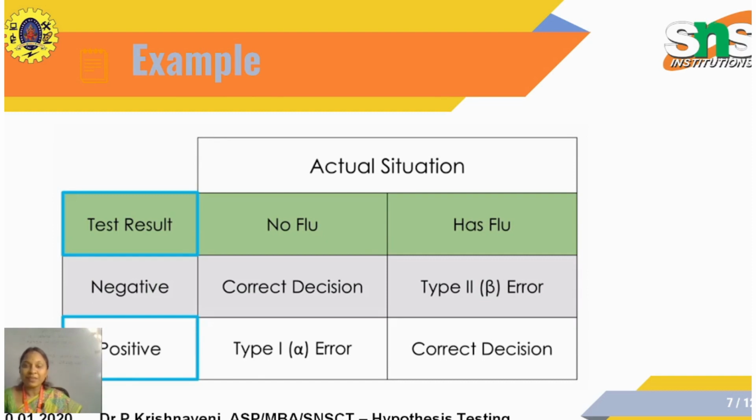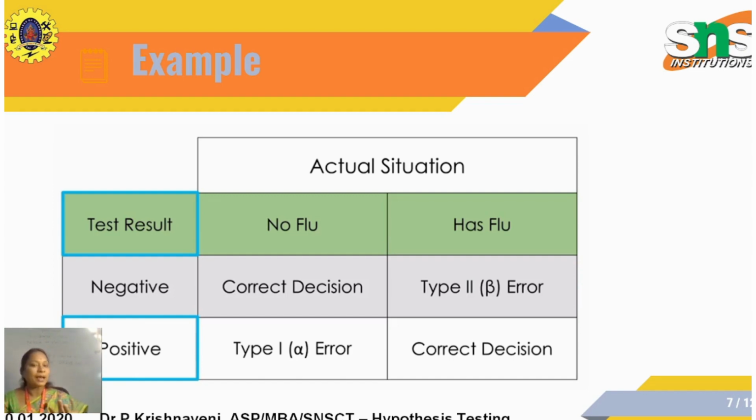Normally, when we think about our COVID period, we can understand why we give so much importance to this. If we make any error in our decision, what will happen? So we will relate it to that situation. Normally, we give a test. During COVID, if we find any symptoms, immediately we have to go and give a sample for testing.